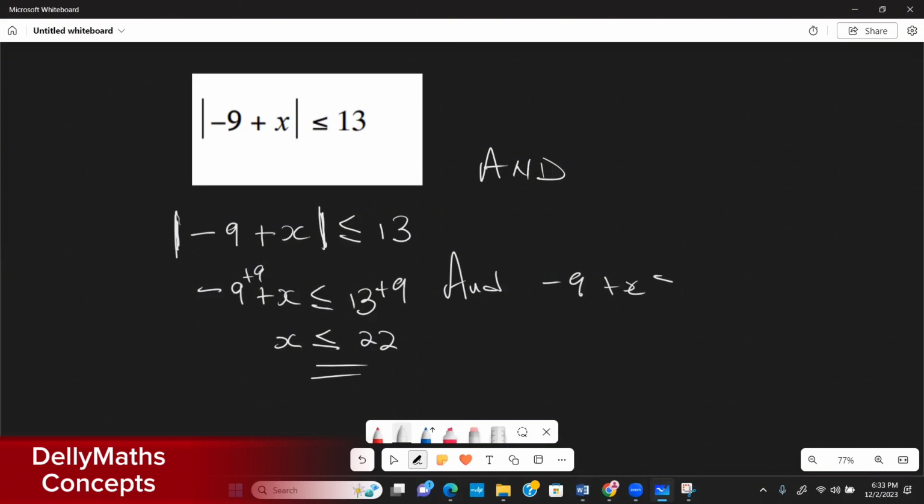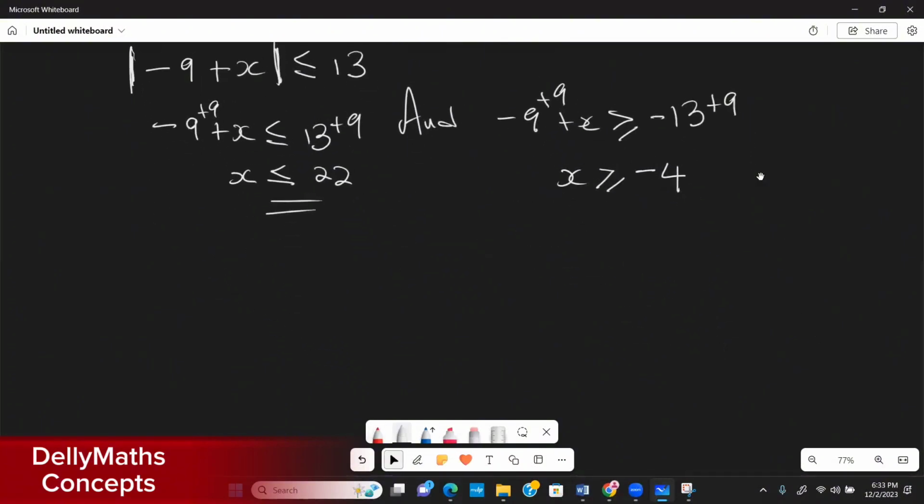Now I'm going to have to switch the sign and then change this to -13. So we're going to be adding 9 to both sides. So at this time, we have x is greater than or equal to -4. So let us take a look at this on the number line, okay?